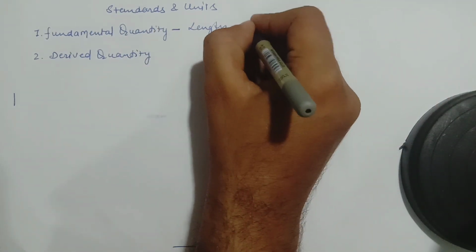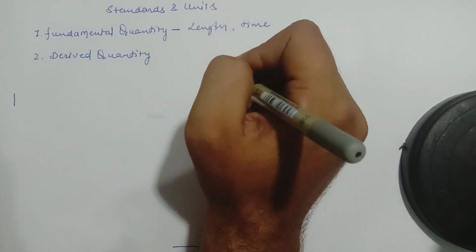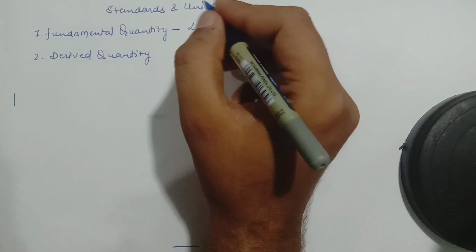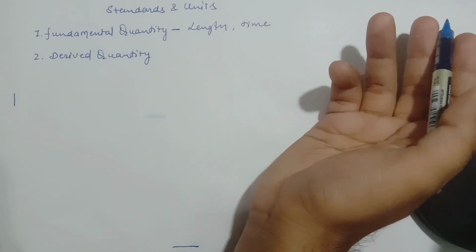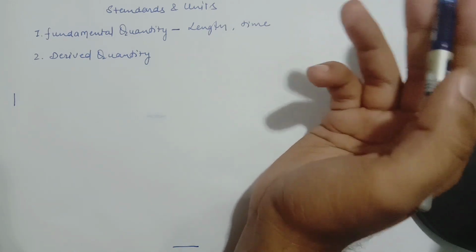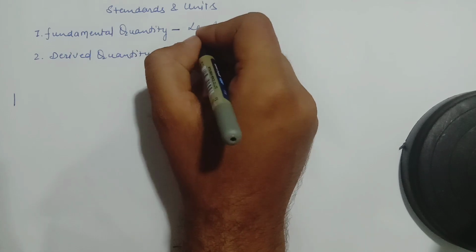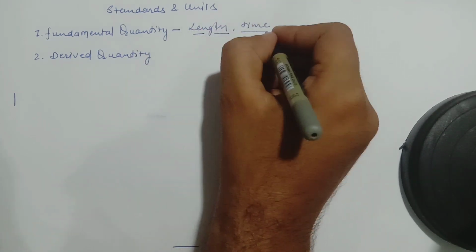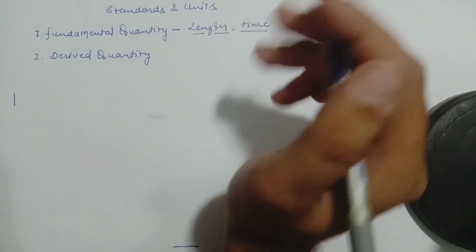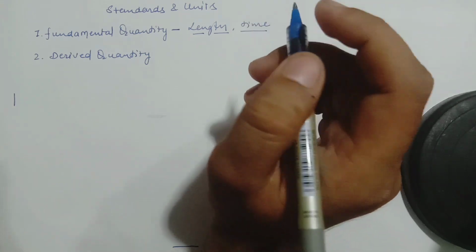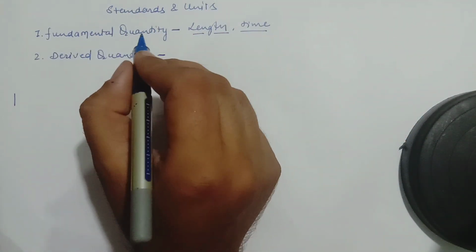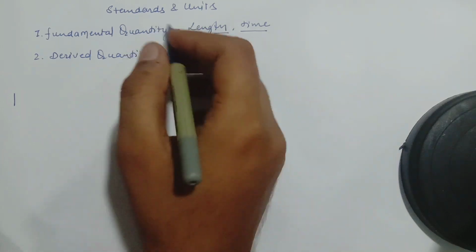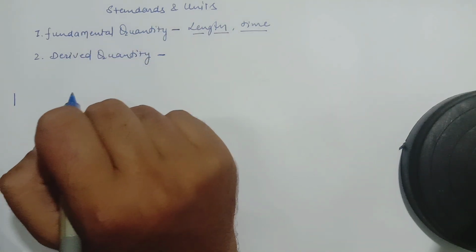Similarly, if you want to measure time, you can look at your watch and you can measure any time period you want to measure, like if it's 5 seconds, 10 seconds, or even 1 minute or 30 minutes. So fundamental quantities are those quantities which can be measured directly, whereas a derived quantity is measured with the help of fundamental quantity.